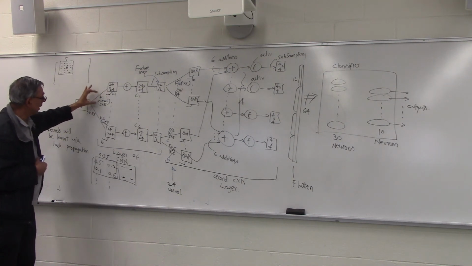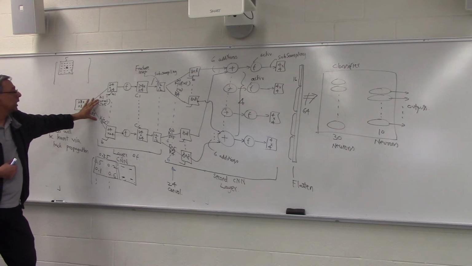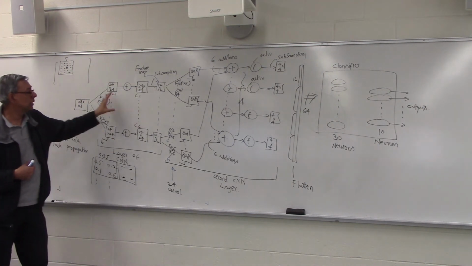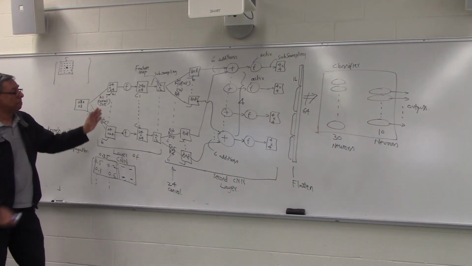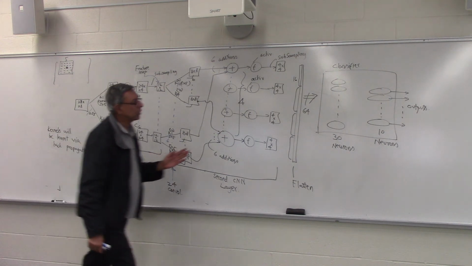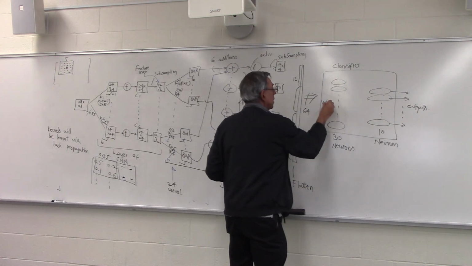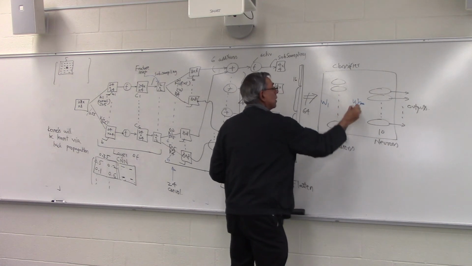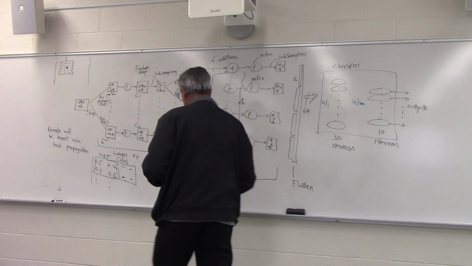So in the beginning, the kernels will be initialized randomly. Okay. These kernels will be initialized randomly. Biases will be initialized randomly, right? All the weights over here, so there's a set of weights over here. There's a set of weights over here. Those, and the biases over here, will be initialized randomly.